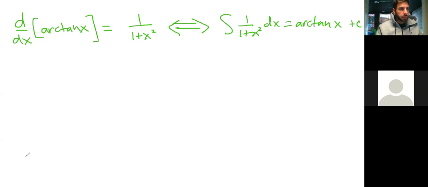Does anybody have a question about this? Let me clean this up, actually. This is kind of ugly. Comments, concerns?